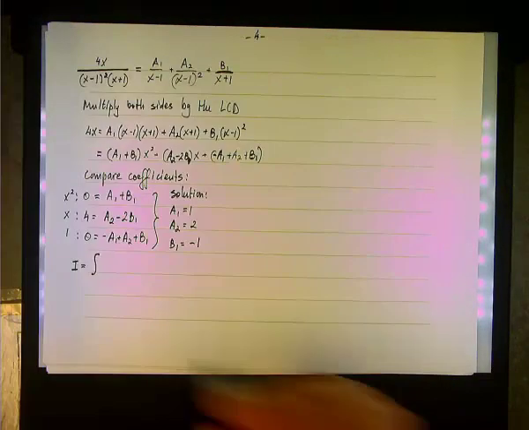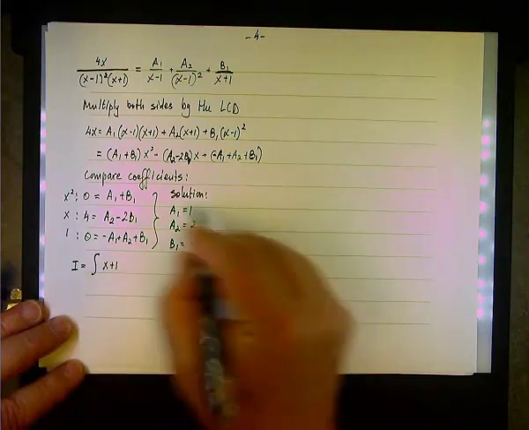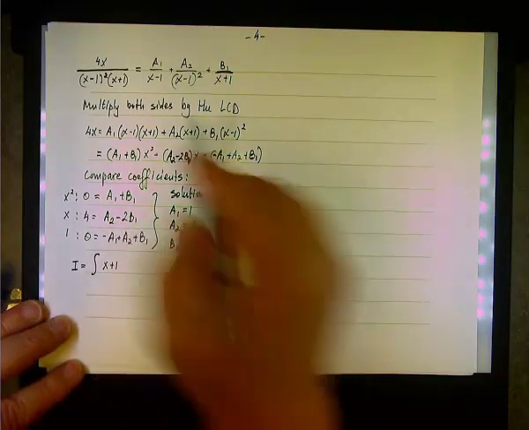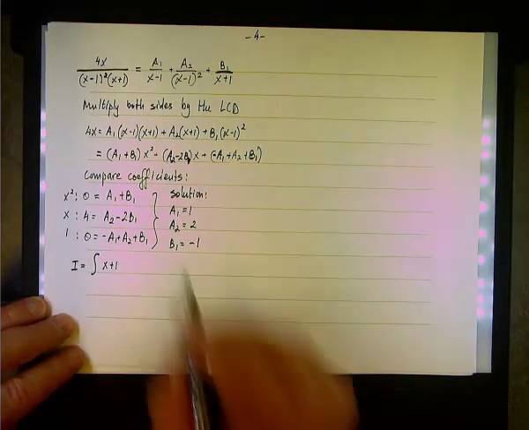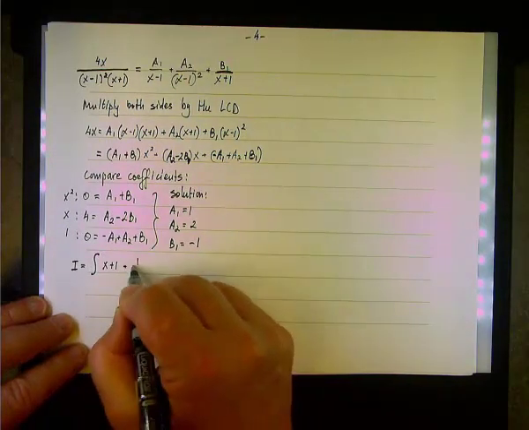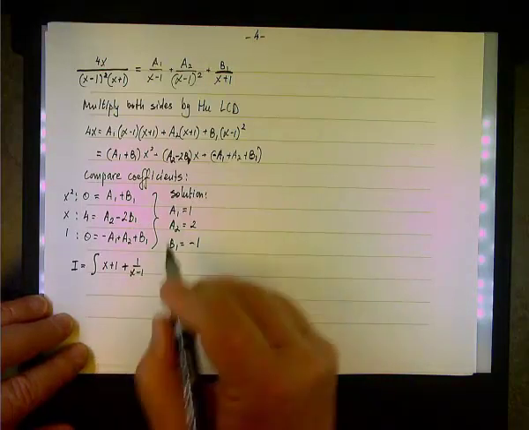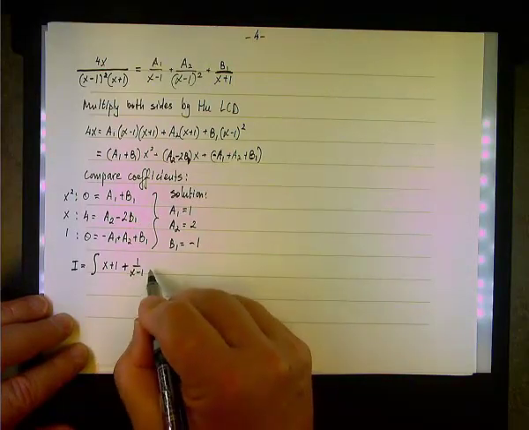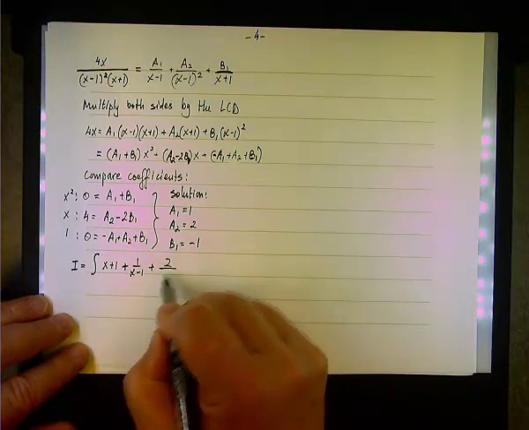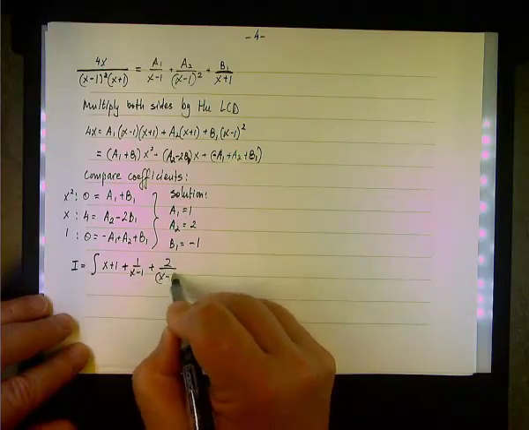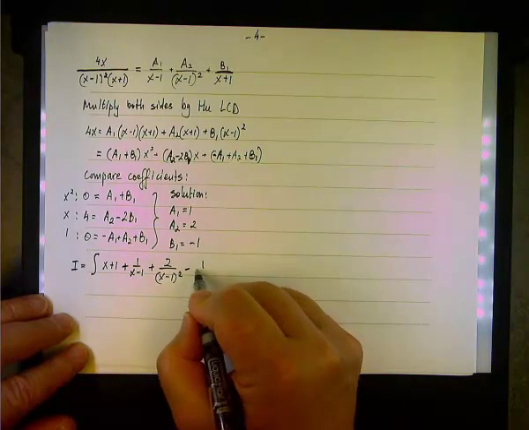So we still have the integral of x plus 1, and then the three components that were the partial fraction decomposition of the remainder. So it will be 1 over x minus 1 plus a2, which is 2 over x minus 1 squared, minus 1 over x plus 1.